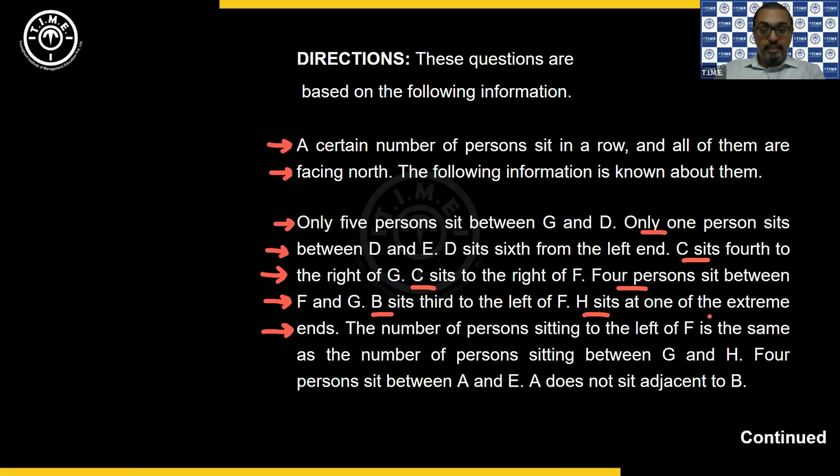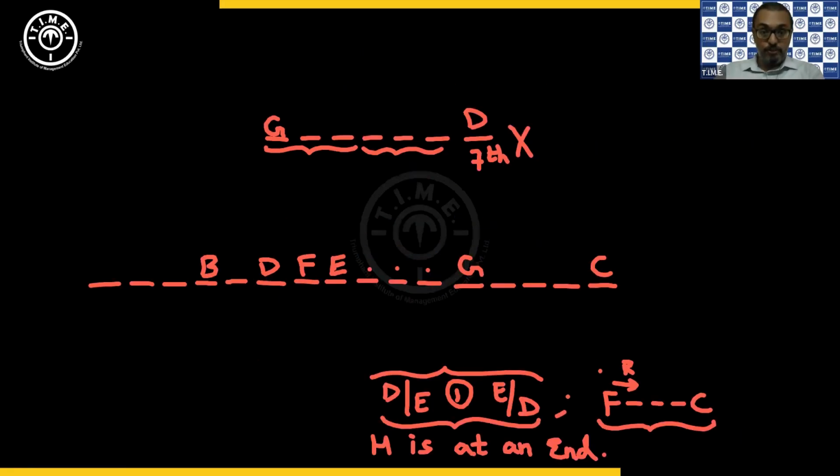Then the number of persons sitting to the left of F is the same as the number of persons sitting between G and H. We already know D is 6th from the left end, so the left end is fixed. On the left side of F, we have 3 plus 3, 6 people.